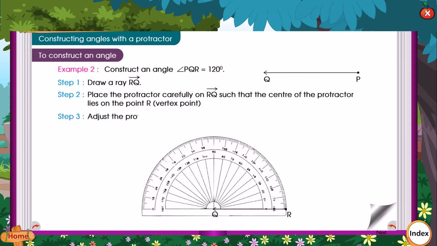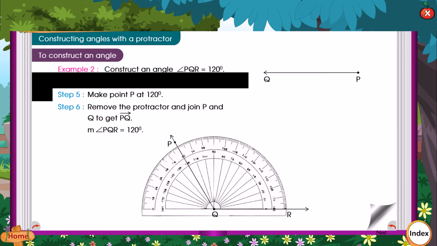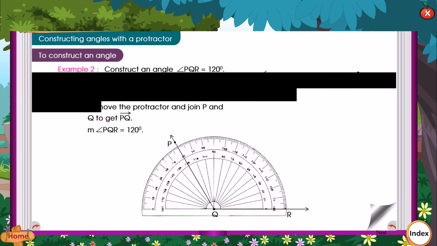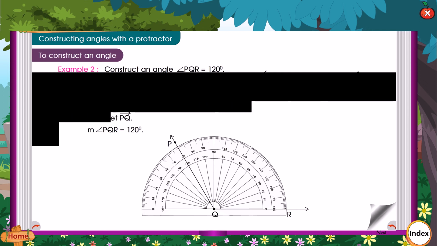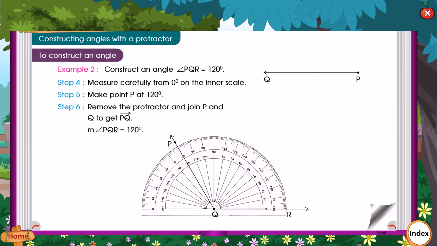Adjust the protractor such that the baseline is along RQ. Step 4. Measure carefully from 0 degrees on the inner scale. Step 5. Mark point P at 120 degrees. Step 6. Remove the protractor and join P and Q to get PQ. Angle PQR is equal to 120 degrees.